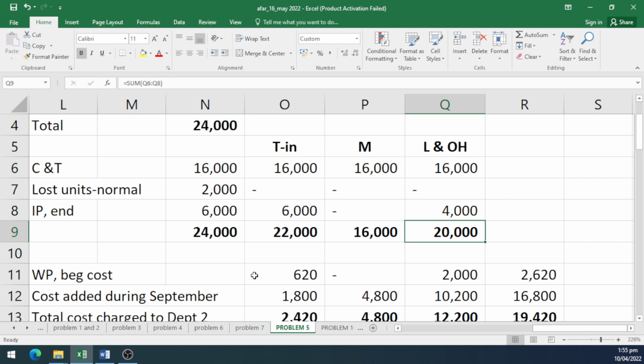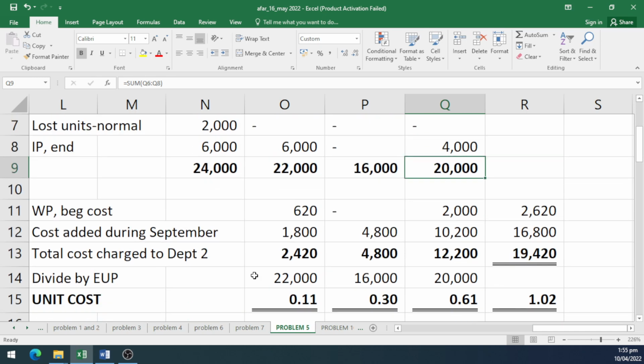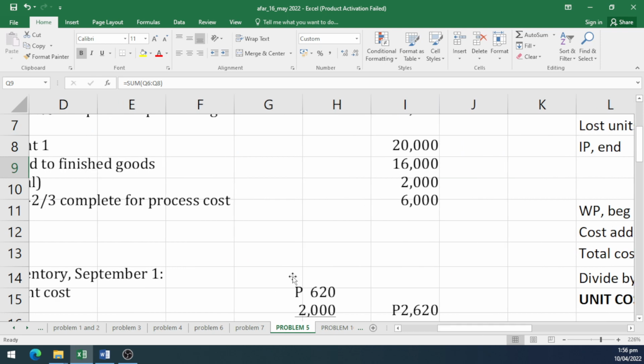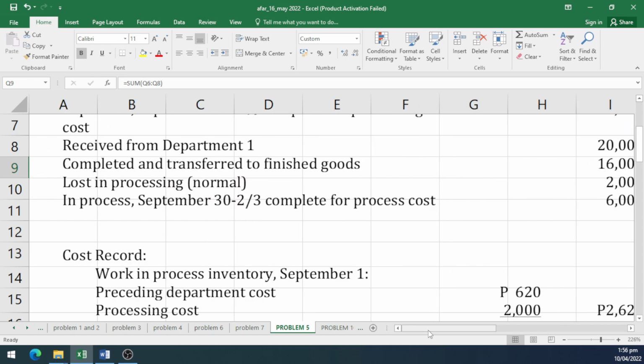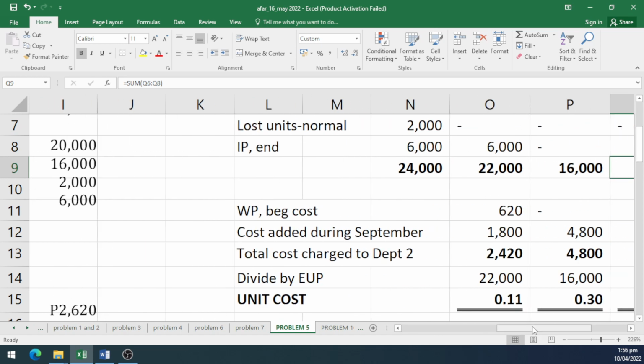Average method tayo. Kailangan natin ng cost in the beginning work and process inventory to compute unit cost. Work in process beginning cost. For the beginning work in process, nakita nyo kanina, ito po yan, 620, transferred in cost, and then 2,000 for processing cost.